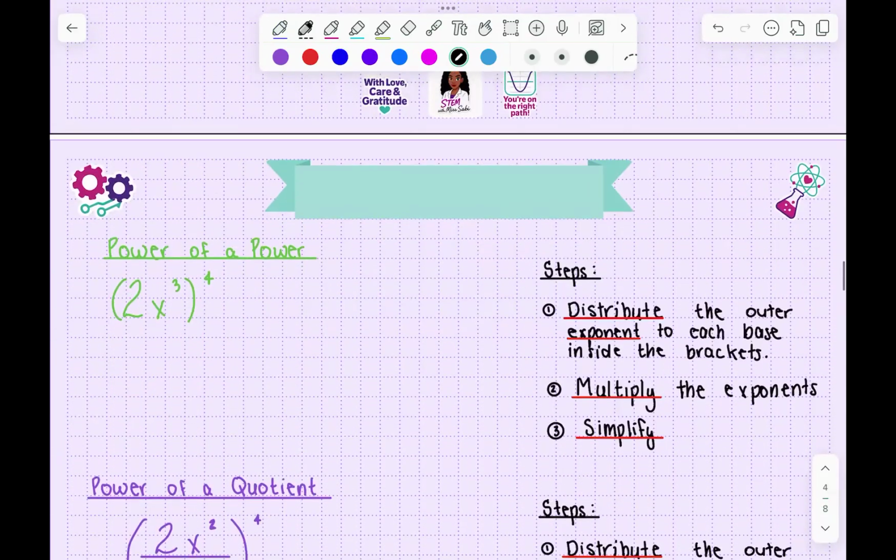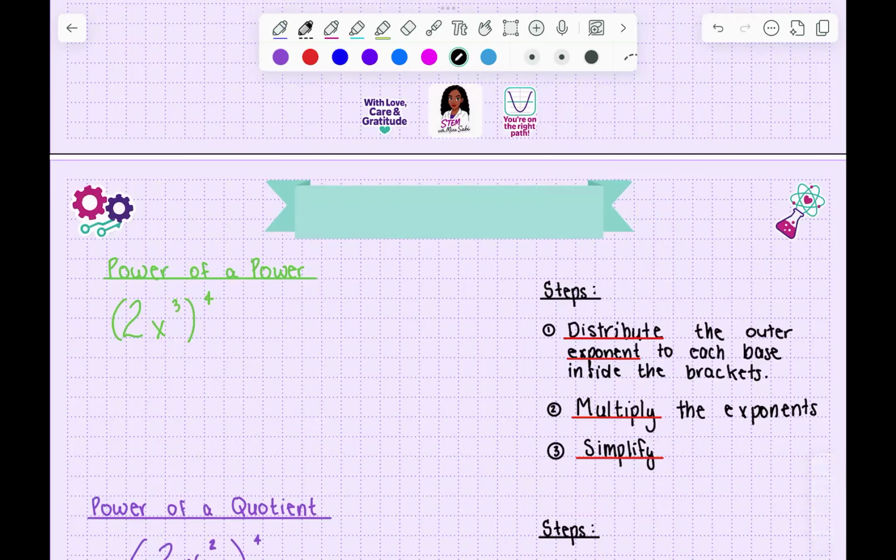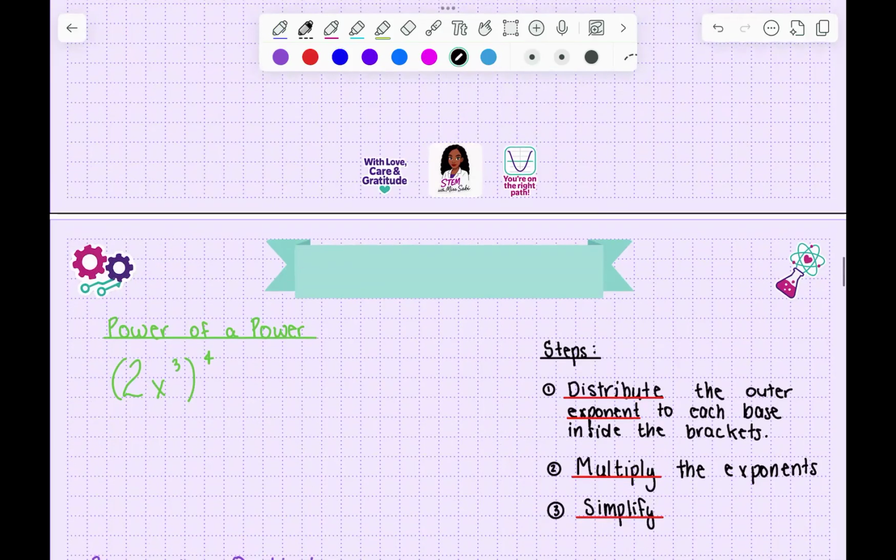Now we have the power of a power rule, okay? So why is this called power of a power? Well, you have a power here, and then this whole expression is raised to another power. So it's not apparent yet, but you should always be following BEMDAS, or order of operations, or BEDMAS, or PEMDAS, whatever you want to call it.